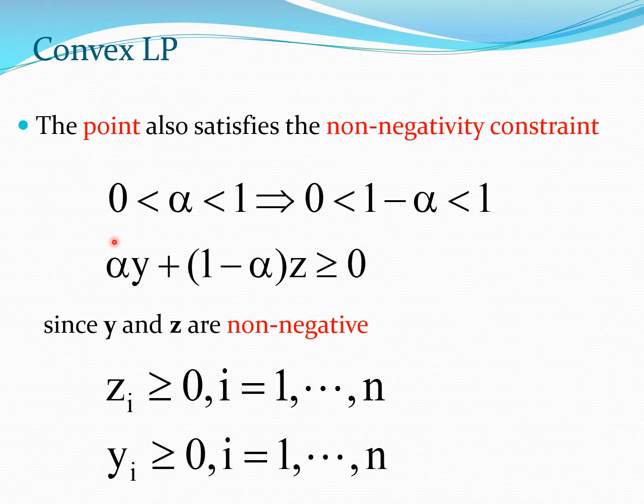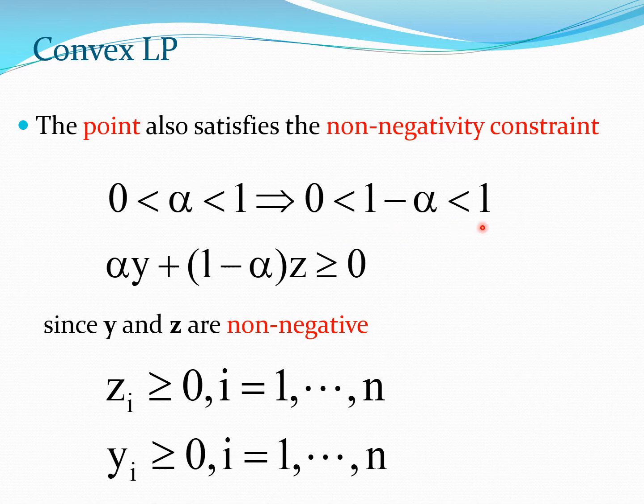Now we see that alpha is bounded between 0 and 1. Therefore 1 minus this number, which is between 0 and 1, is also going to be bounded between 0 and 1. And you can check by taking the extreme cases of the situation here. If this is 0 or this is 1, then this is essentially going to flip from 1 to 0.